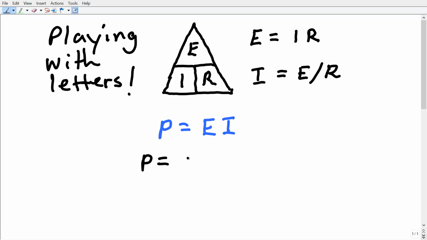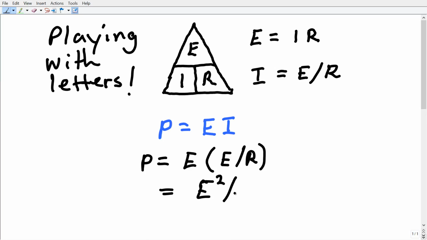So power equals voltage times voltage divided by resistance, which equals E times E over R, or E squared over R. Another formula for power, which you thought you had to memorize, didn't you? Well, there are two fewer formulas you have to memorize.